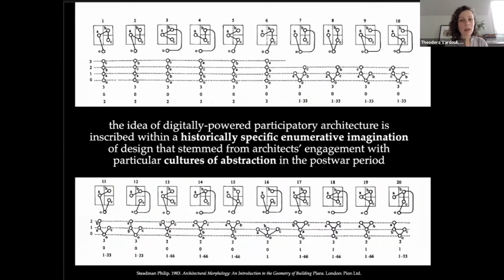So today my talk aims to offer some historical episodes that reveal a bit more clearly a particular model of open-endedness that is embedded in digital tools for self-design in architecture.